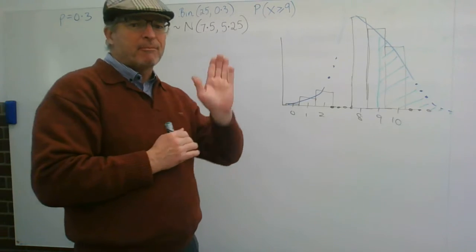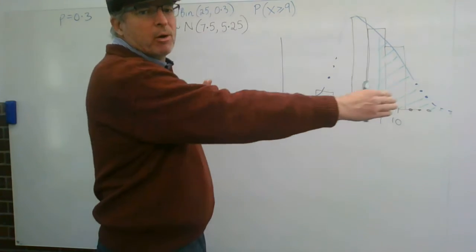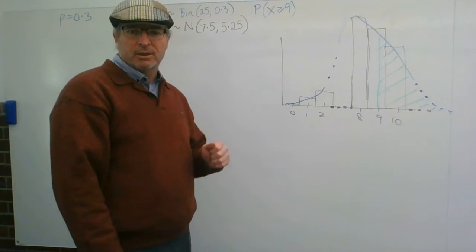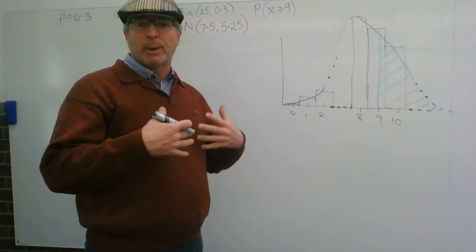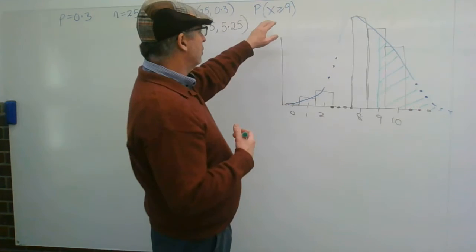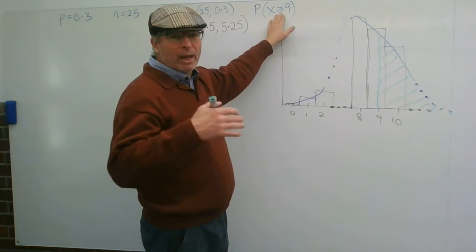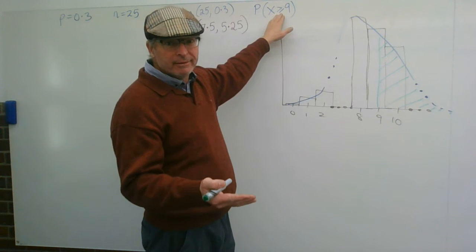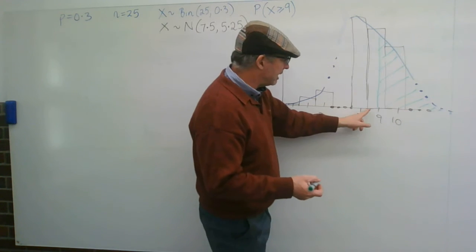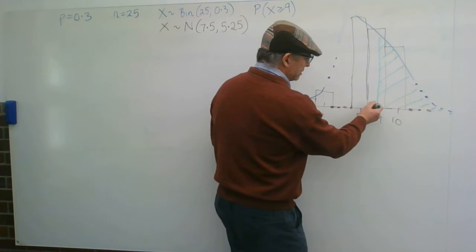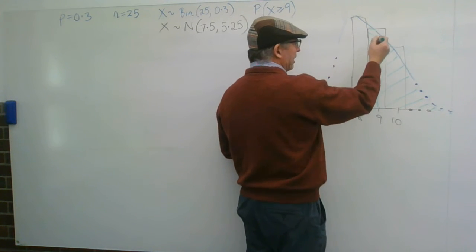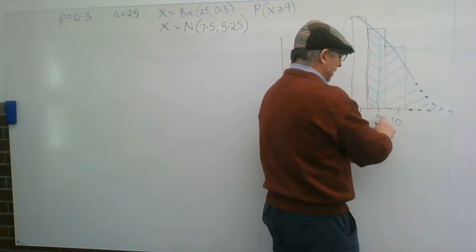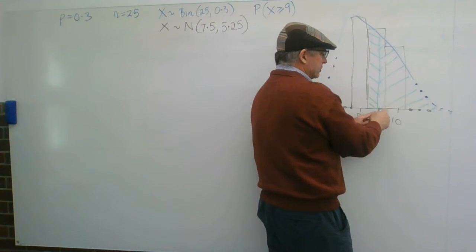9's not just some value out of an infinite number of possibilities on a continuous random variable. So if I want to include not just bigger than 9, but also 9 itself, I'm actually needing to come back here and include all this bit of the area as well as the bit from 9 onwards.